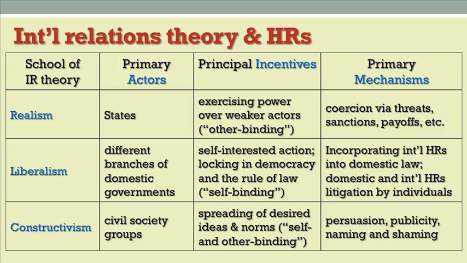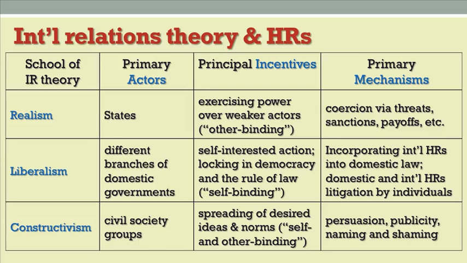That's why this theory is often referred to as self-binding. That is, government actors bind themselves and their successors in order to promote human rights enhancing democratic values and the rule of law over time.